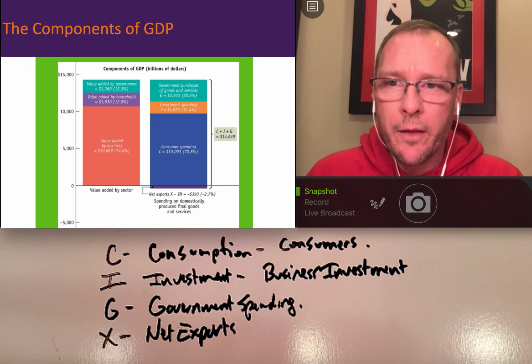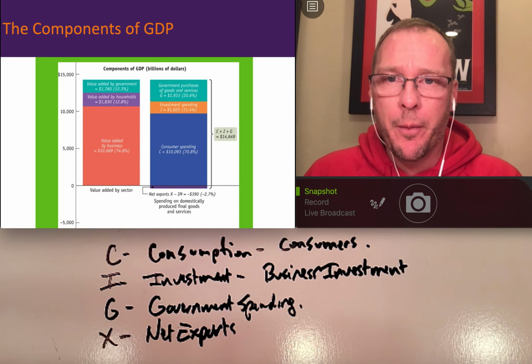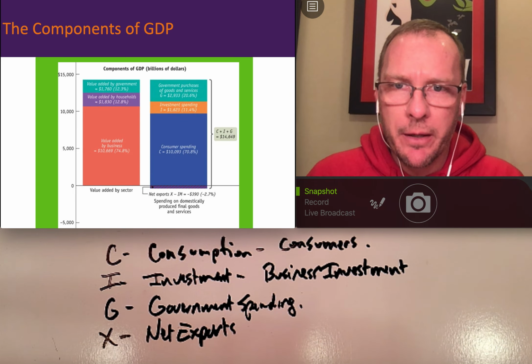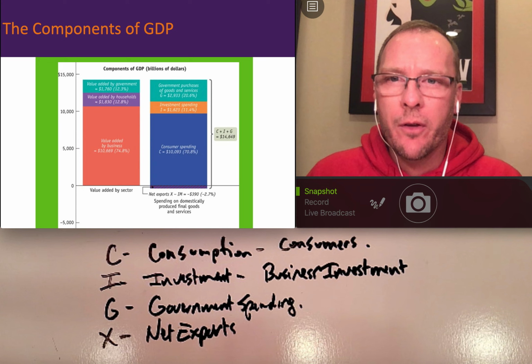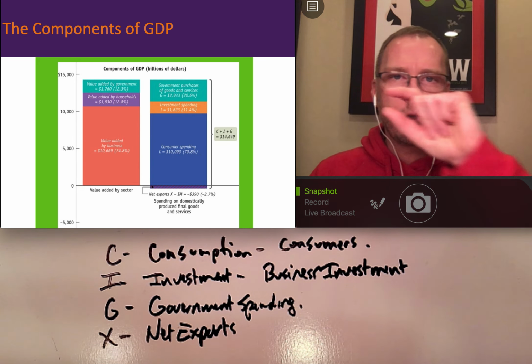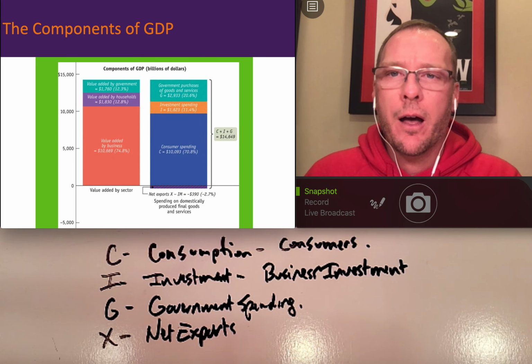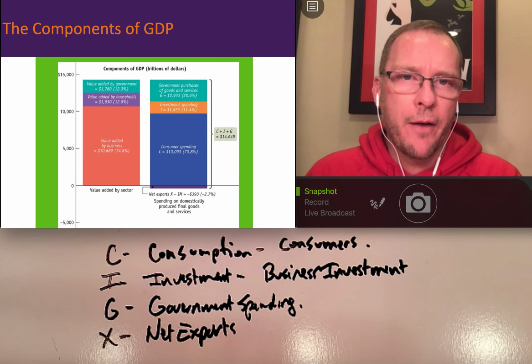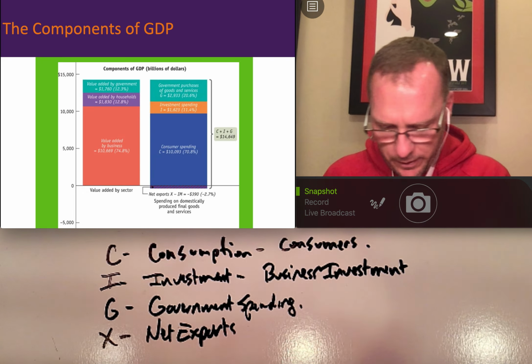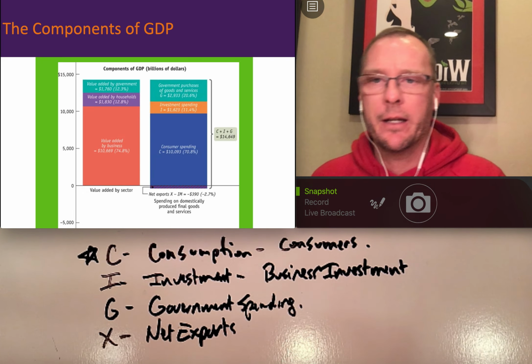When you look at that one, that is by far the biggest portion added to the GDP overall. Consumption spending is like 70.8%, it says. Then you look at that little orange sliver, that's your investment of businesses. And the greenish part on the top, that's your government.